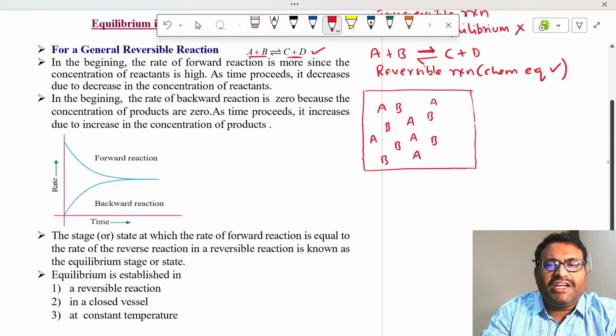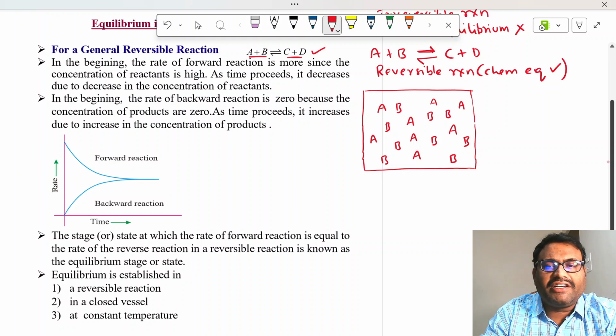So, initially in this reaction mixture, there are only A and B. There is no C or D formed because the reaction hasn't started. Just reactants are there, and the number of reactants is more.